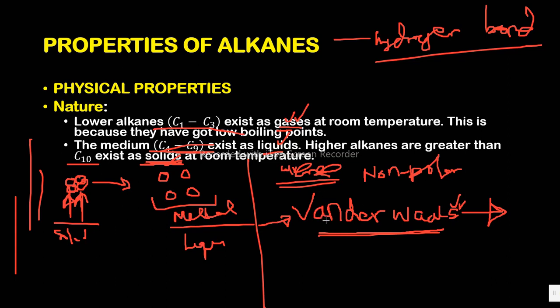And so if the magnitude increases, then the heat required, not temperature, to overcome them also increases. So the higher ones exist as solids, the medium ones as liquids, and the lower ones as gases.